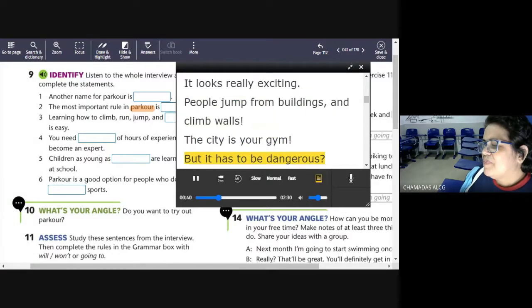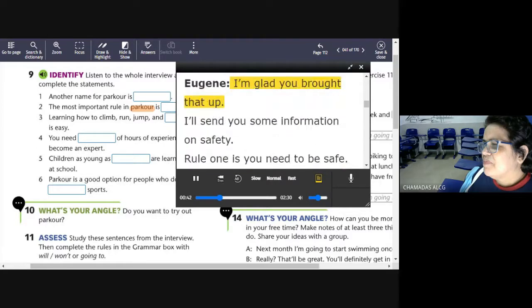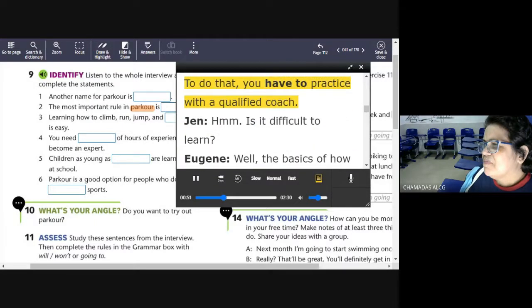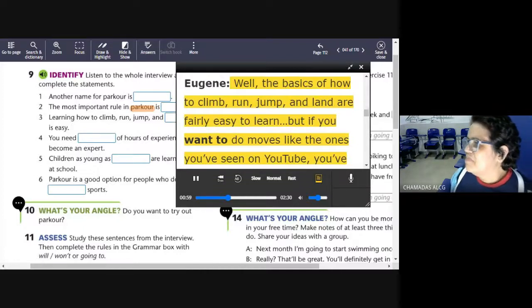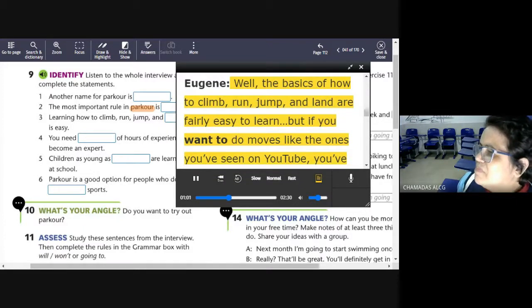But it has to be dangerous. I'm glad you brought that up. I'll send you some information on safety. Rule 1 is you need to be safe. To do that, you have to practice with a qualified coach. Is it difficult to learn? Well, the basics of how to climb, run, jump, and land are fairly easy to learn.